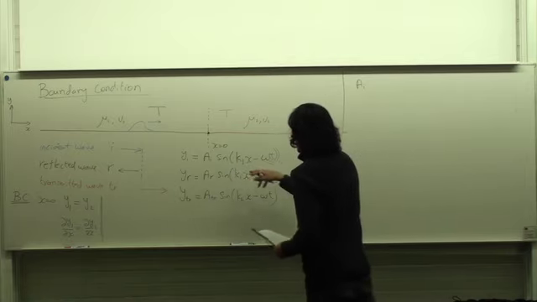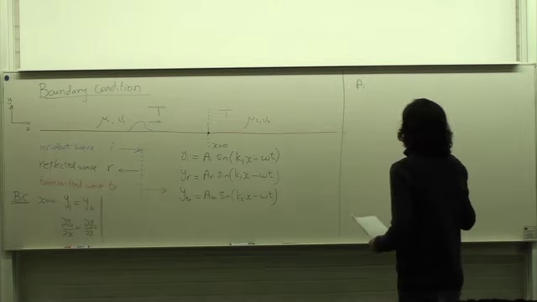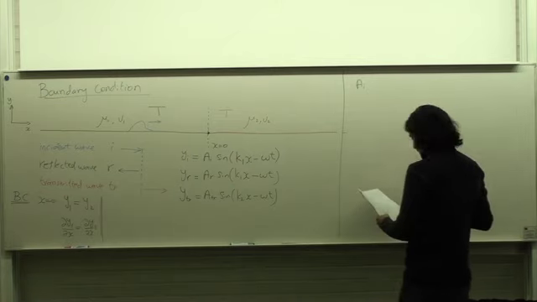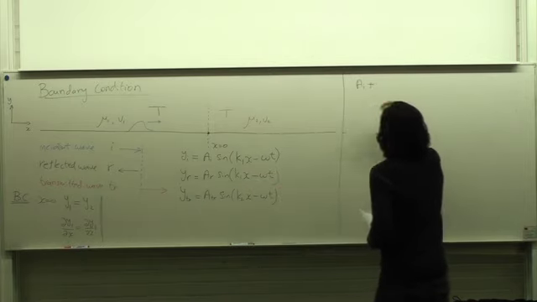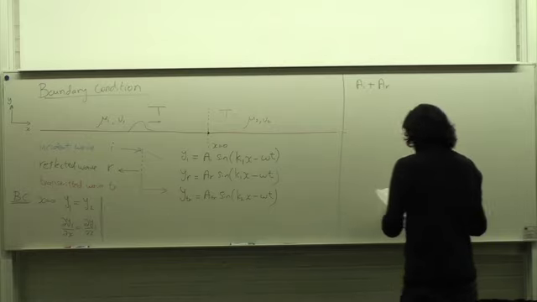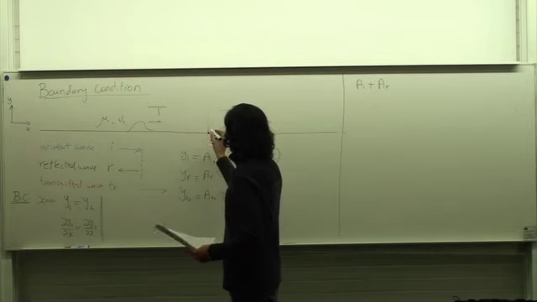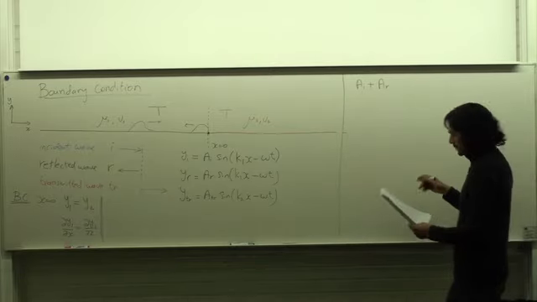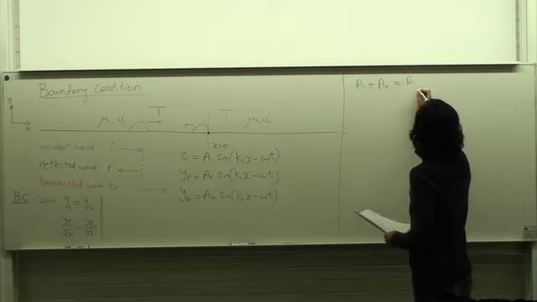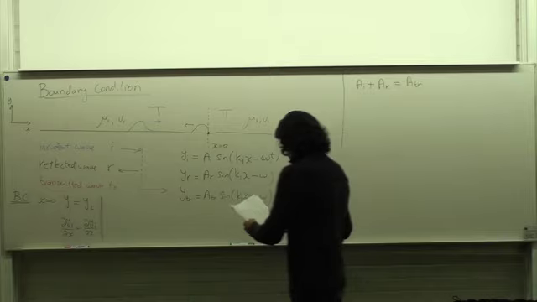So at any time where sine omega t would be 1, this should also hold. That would give us A_I plus A_R, the incident mode plus the reflected mode at that point, should be equal to the transmitted mode. This is the first equation.